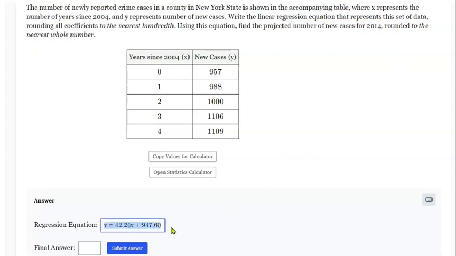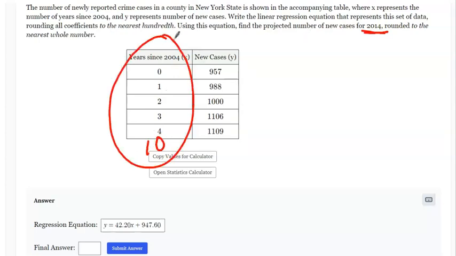Right, so this is my prediction equation, and they want to know how to find the projected number of new cases for 2014. But you'll notice the years aren't written as their actual values, but how many years they are past 2004. So since I want 2014, that means I want 10 years from now.